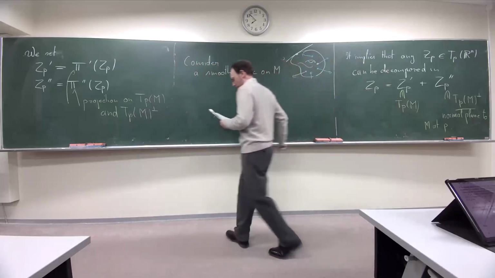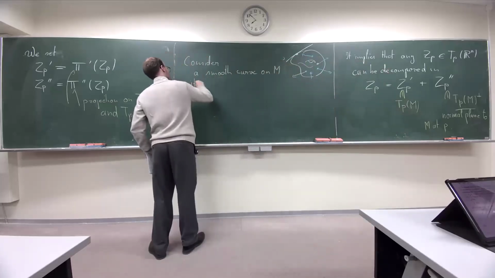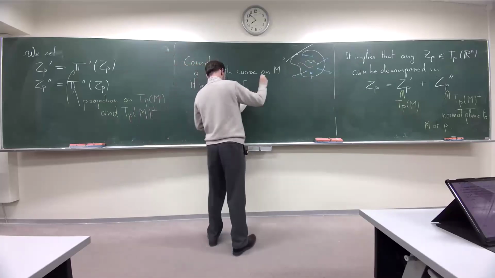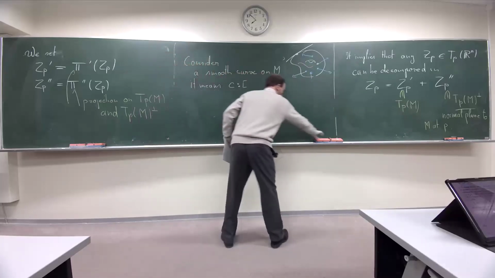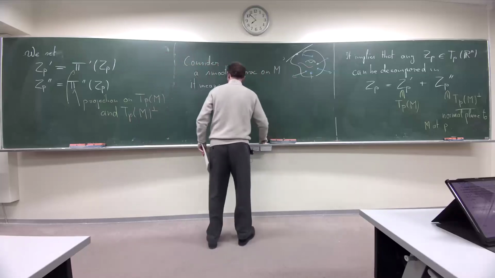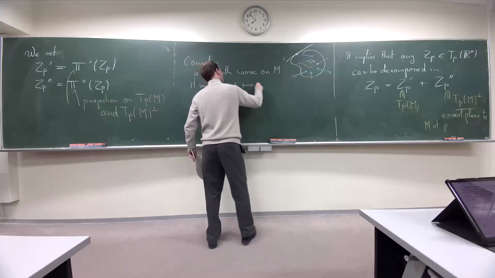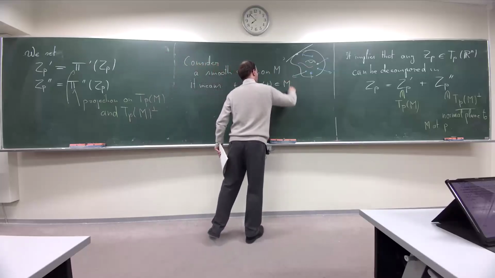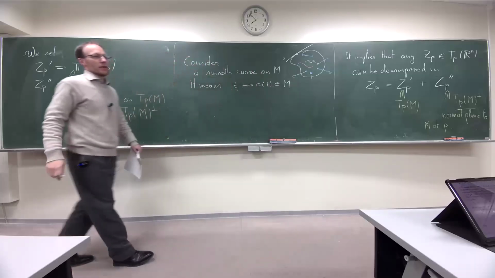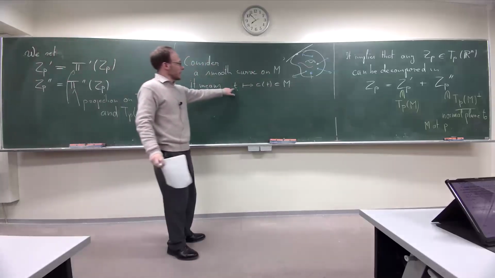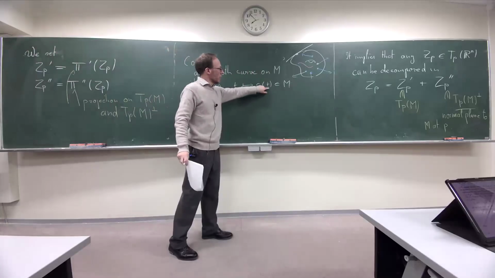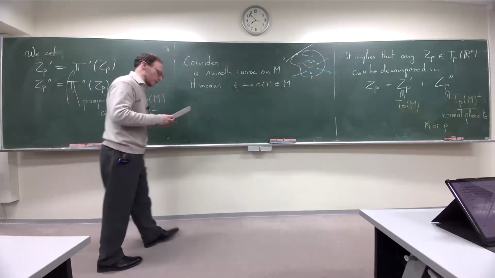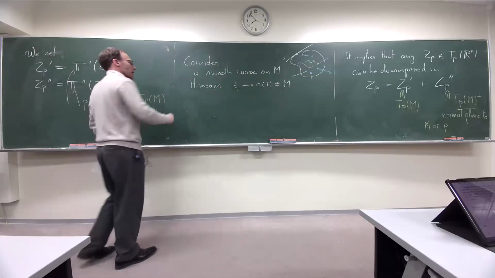I consider a smooth curve on M. Okay. So it means I consider c from an interval, or I'm lazy. I just write a map of this type. I don't even need to specify an interval. I just want to say I take a t and I go on a curve like this. If I need, I can put an interval, but I don't even need it. Okay.